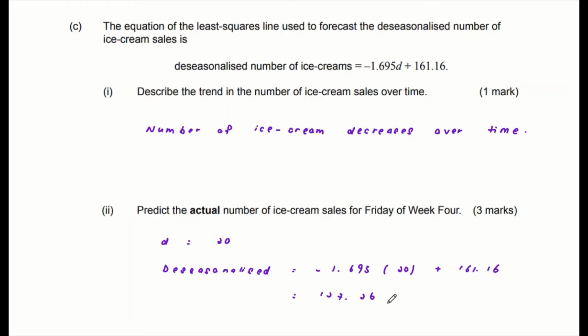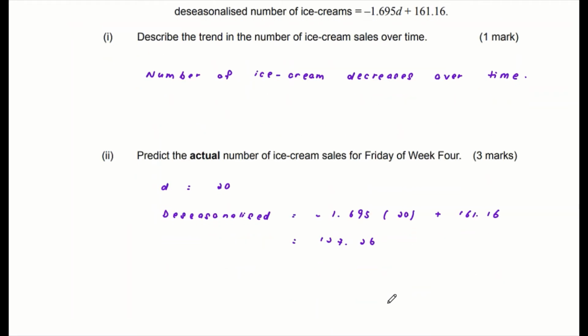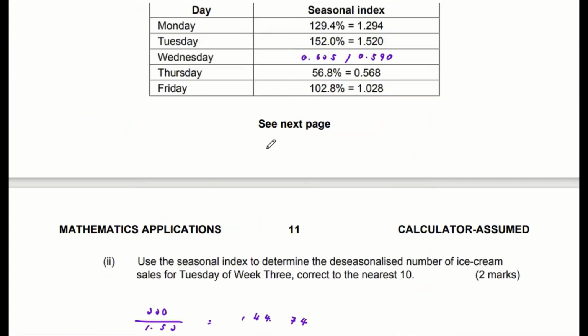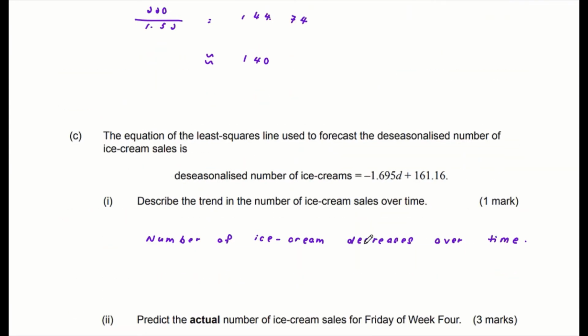Okay, so after you got this, remember every time when you are doing prediction for time series data, then you need to multiply the seasonal index because the deseasonalized value is the one that you have removed the seasonal effect. So that's why the actual value here will be equal to 127.26 multiplied by the corresponding seasonal index, which is for Friday. So for Friday in this case is 1.028.